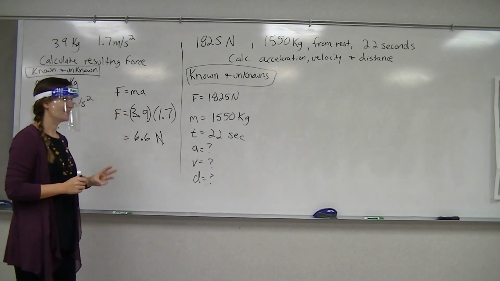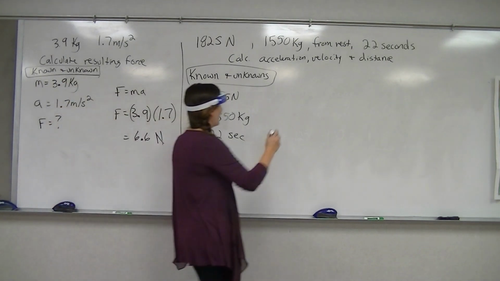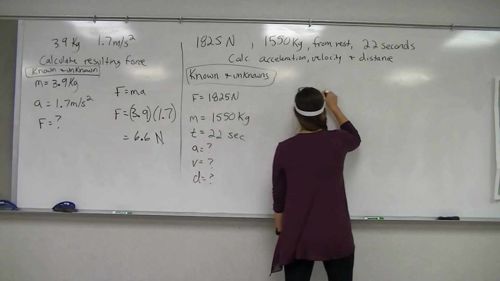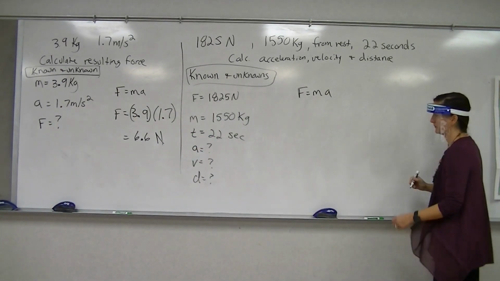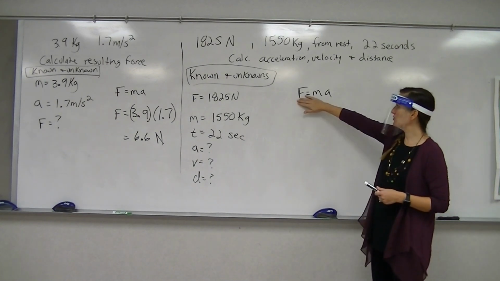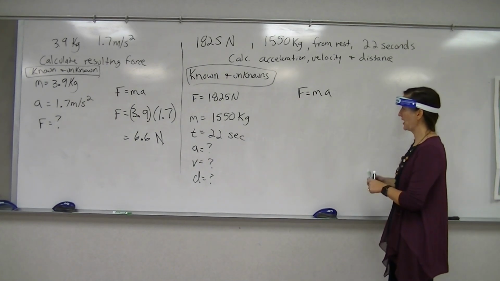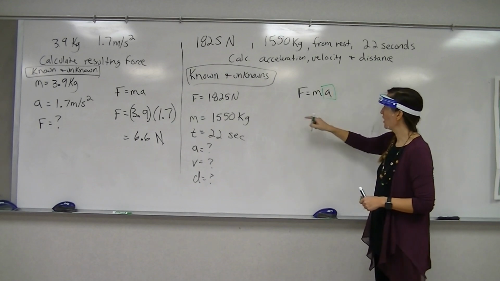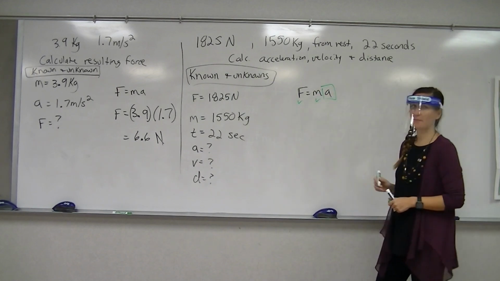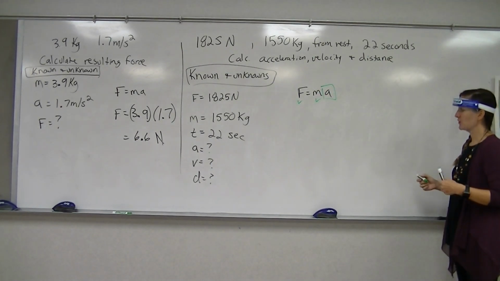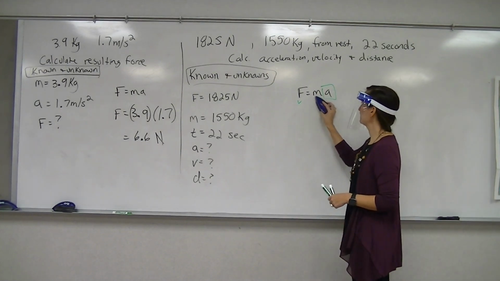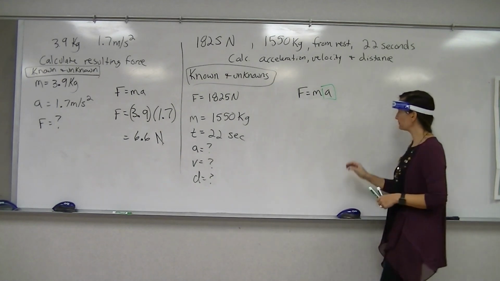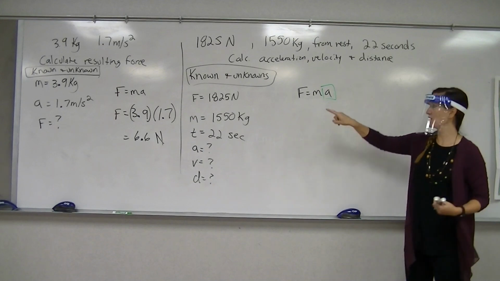Okay? Since this is the force chapter, you can guess that we're going to use the force equation, F equals ma somehow. And we are. We're going to use it to solve, in this case, for the acceleration, for the A. We have the force, and we were given the mass. So we're going to rearrange that equation to solve for A. And remember, when we're rearranging equations, we do the opposite operation.